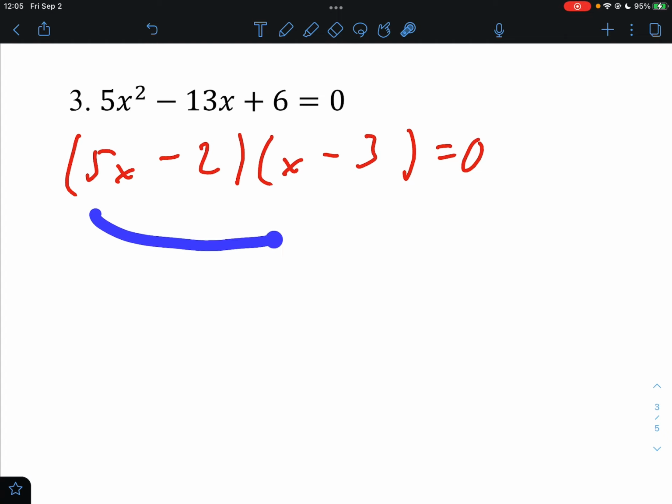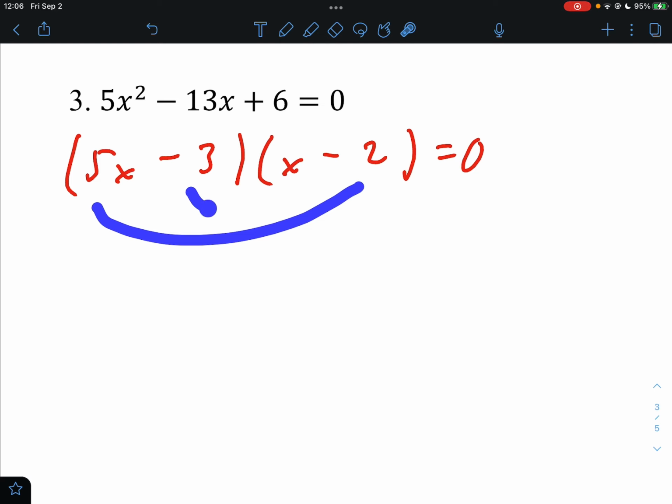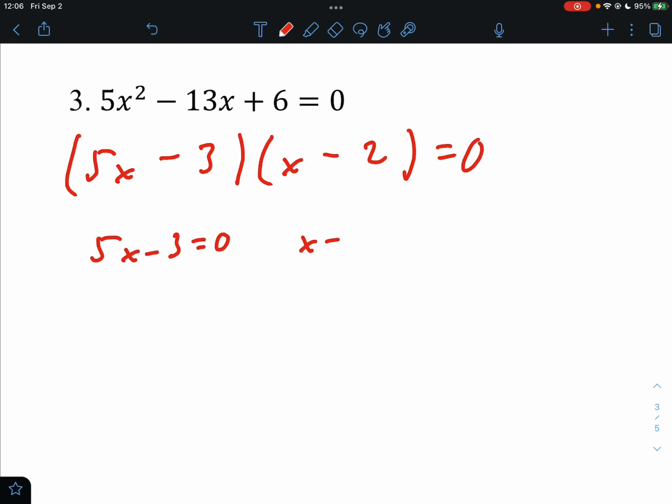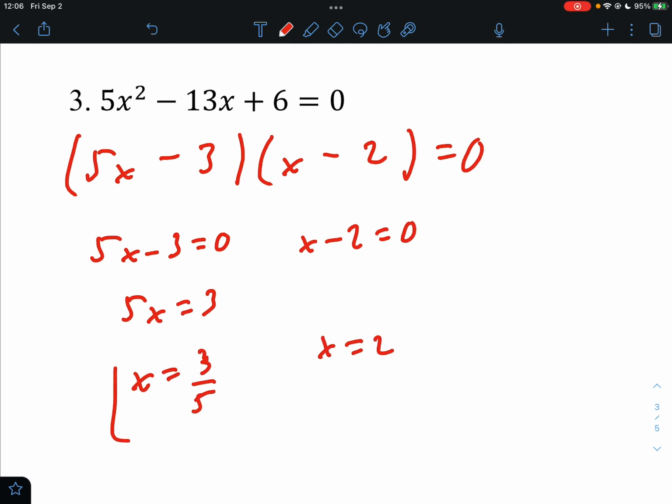This would be negative 15. This would be negative 2. That would be negative 17. So that's not correct. Let's flip those. Negative 10, negative 3. That's negative 13, so that's correct. So either 5x minus 3 equals 0, or x minus 2 equals 0. So 5x equals 3, x equals 3/5, x equals 2.